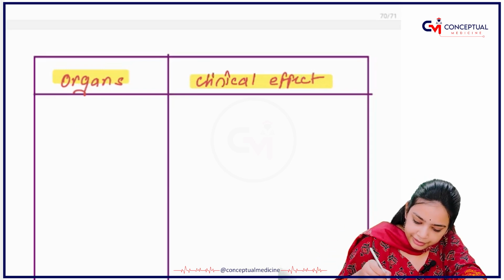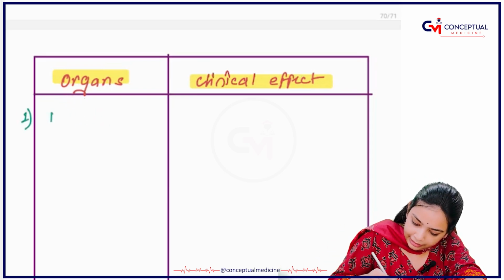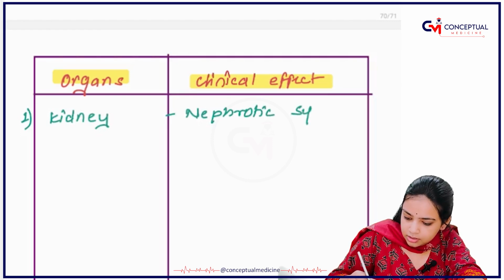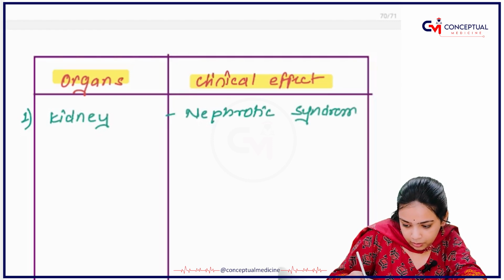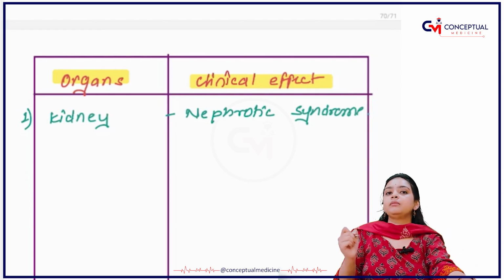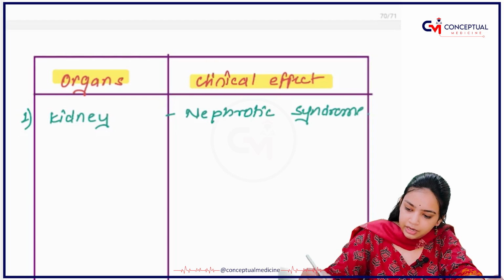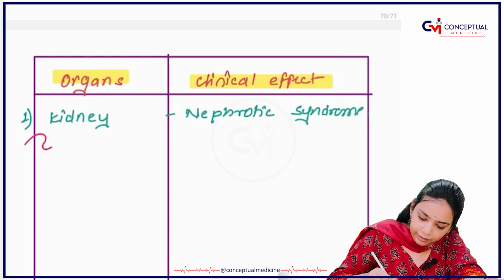The first one that you have is obviously the kidney. In the kidney, what you have? The effect is nephrotic syndrome. We will read about nephrotic syndrome when we will be covering the kidney portion, right? Because nephrotic syndrome is very, very important in there.